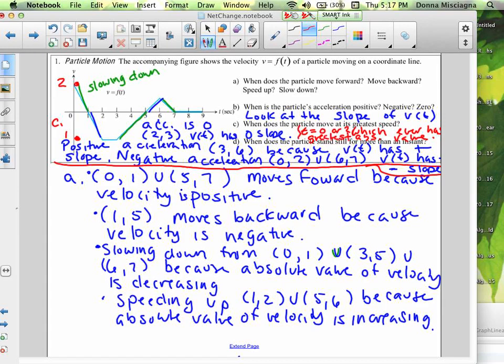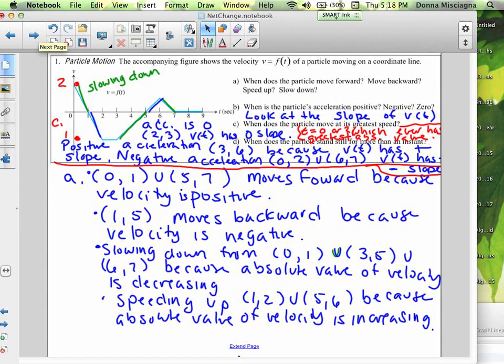So this is my answer to C. The red is C, B is the blue above the red line, and A is everything else. And then D: when does the particle stand still for more than an instant?